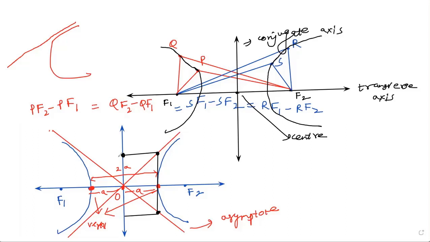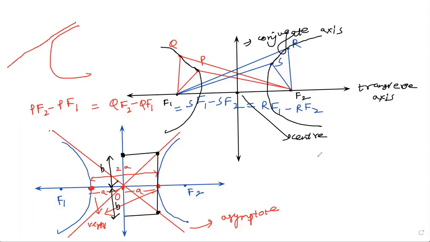So here we'll get a point of intersection with the conjugate axis as well, right? Now this distance from this point to the center will be our B on the upper half, and this is also our B for the lower half. And this entire 2B is going to be the length of the conjugate axis.